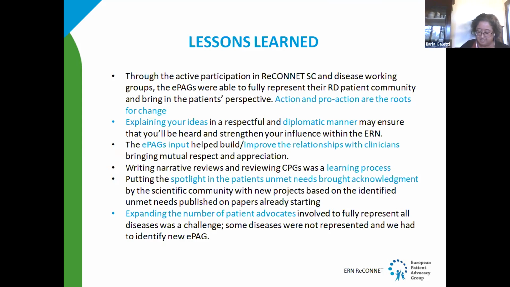And it is also the proof that the involvement of patients from the beginning can make the difference for us and for them. But we also have to face a challenge, which is, as Charissa mentioned, the diseases that were not covered. We were very happy to contact single patients with those diseases and try to collect their unmet needs.